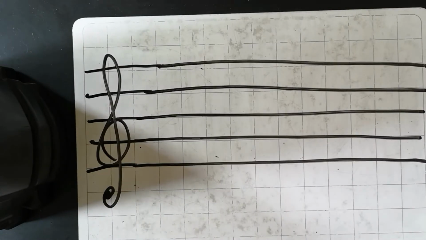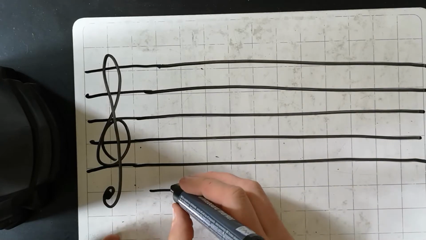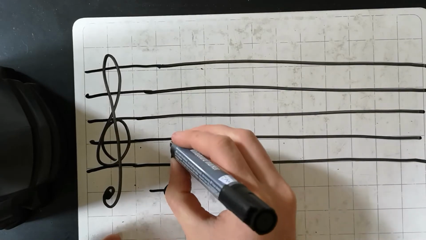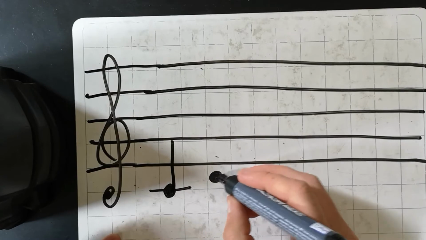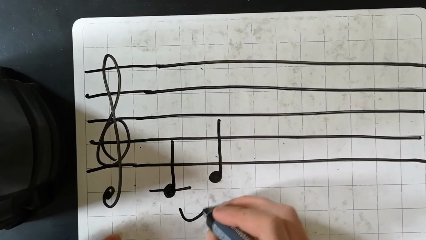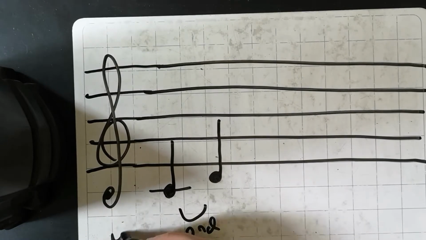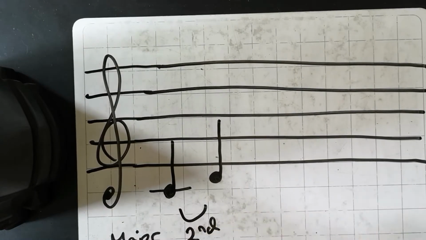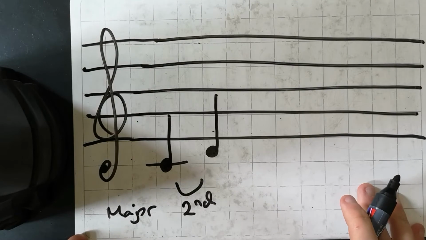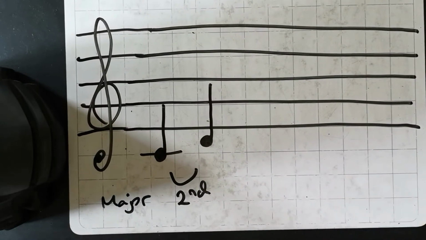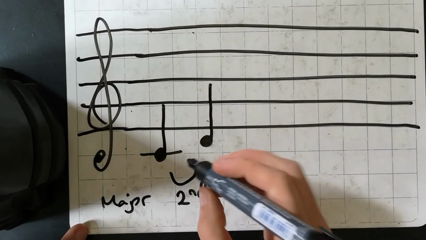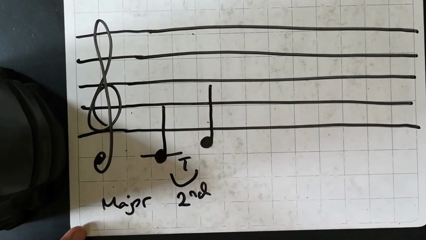So let's take, like I said, C to D. That is a second. But more specifically, it is a major second. And the reason is because between C and D, that is a tone.